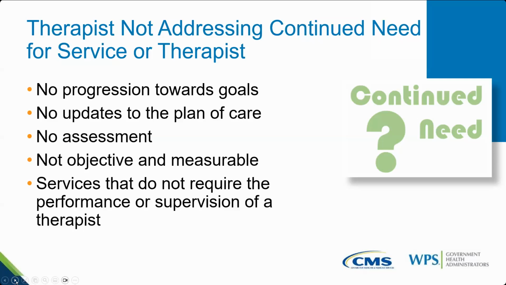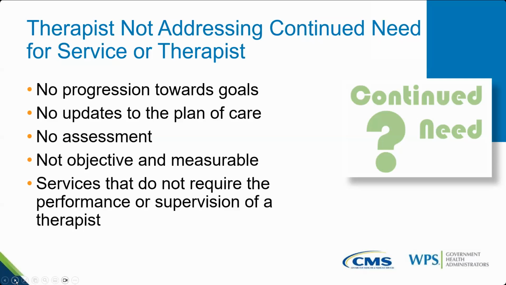Then document why and what you're doing, what you're changing, what you're adding to get them to progress towards their goals. So again, when writing your progress report, two words, if you're going to take away anything today, objective and measurable. Always document in objective and measurable terms. Anytime you can give us a length, a weight, a percentage, a scale, a measurement of any type, it is only going to behoove you.